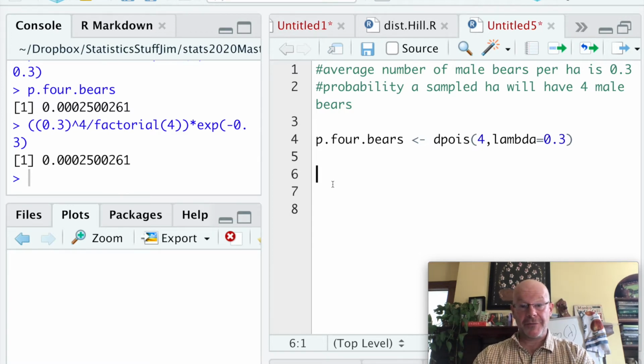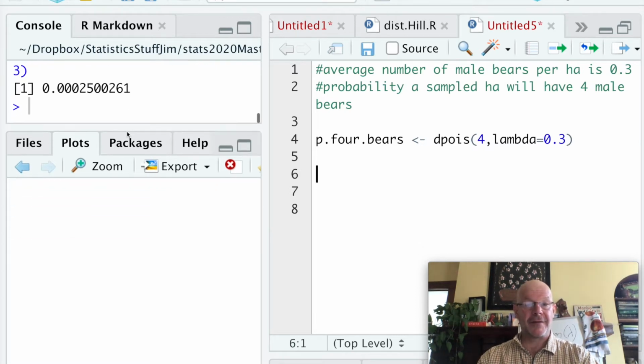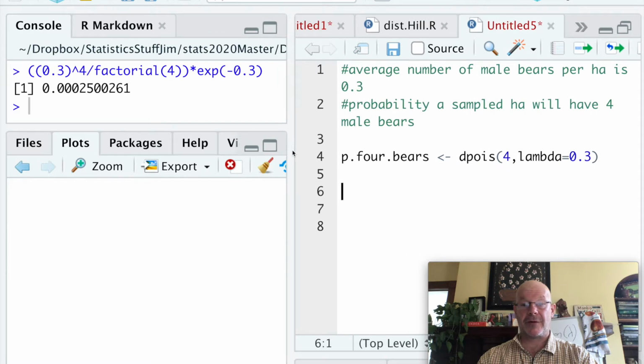And so also, just like with the binomial, we have what's called a cumulative probability distribution, which again is going to say the first value is going to be the probability of there being 0 bears, and then the next one will be the probability of there being 0 or 1 bears, so on and so forth. And we can look at what that might look like for these data that we're playing with for our hypothetical situation.